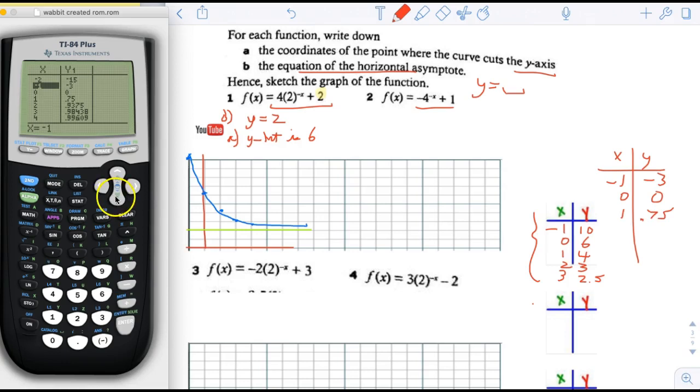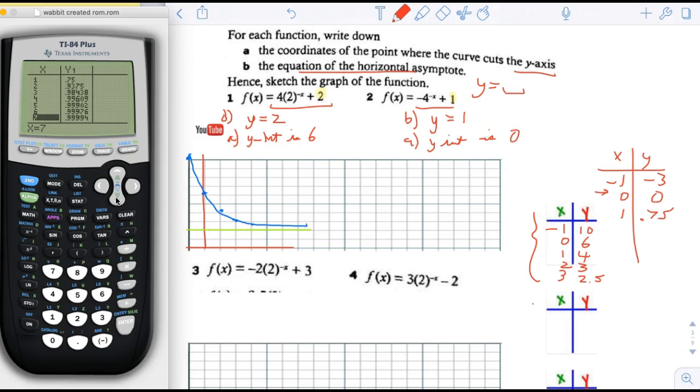And then you could see that it gets closer and closer to 1, doesn't it? Okay, so again, our horizontal asymptote, which is part B, is y equals 1. The y-intercept appears to be 0.